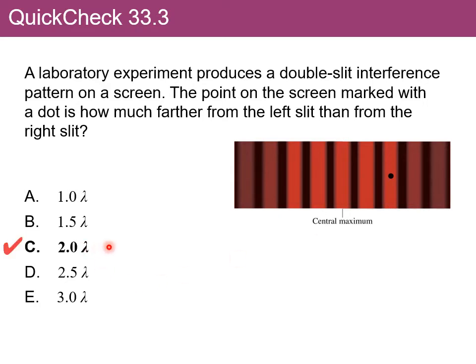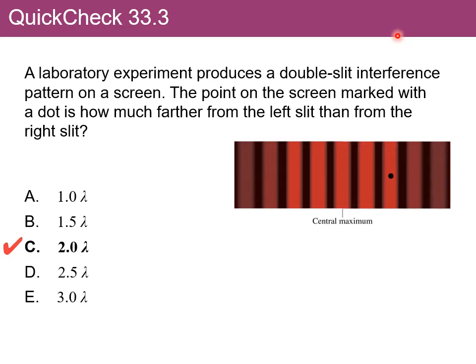The answer is C. Remember that the extra travel distance for rays 1 and 2 goes as delta R equals d times sine theta. Maxima, or bright fringes, will occur when the extra travel distance is an integer multiple of the wavelength lambda.